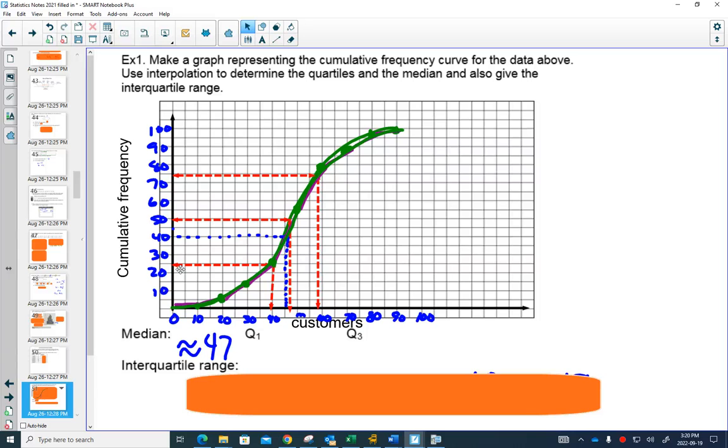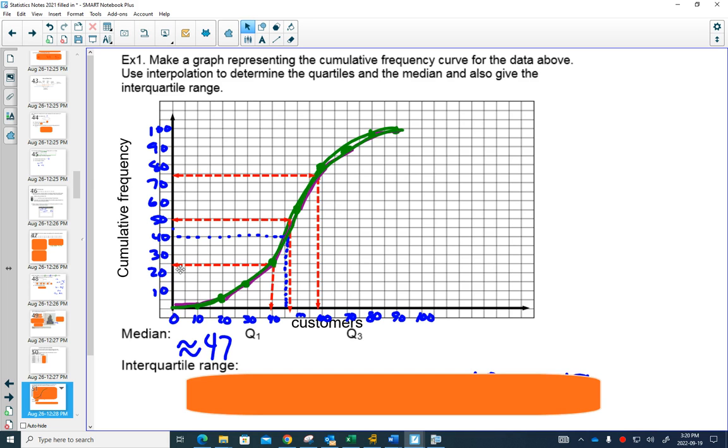If you looked at the actual data, the 50th person is in between the 40th and the 50th range. So all you could say from the data is that the median class is between 40 and 50. People who would use the midpoint of that would say, well, then I would say my median is 45.